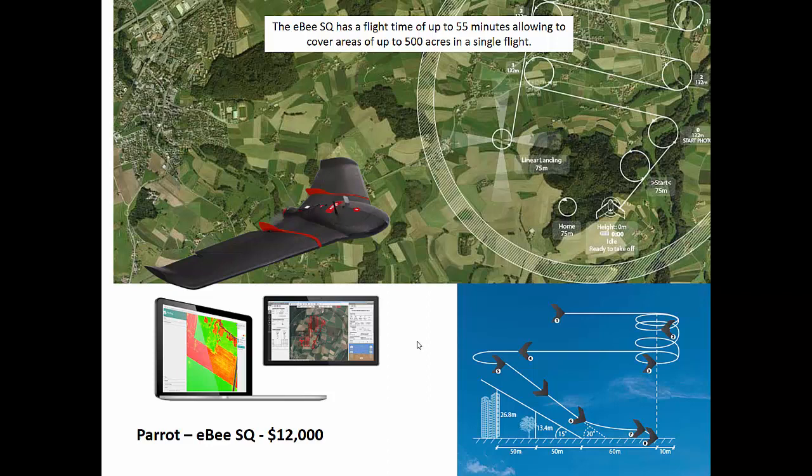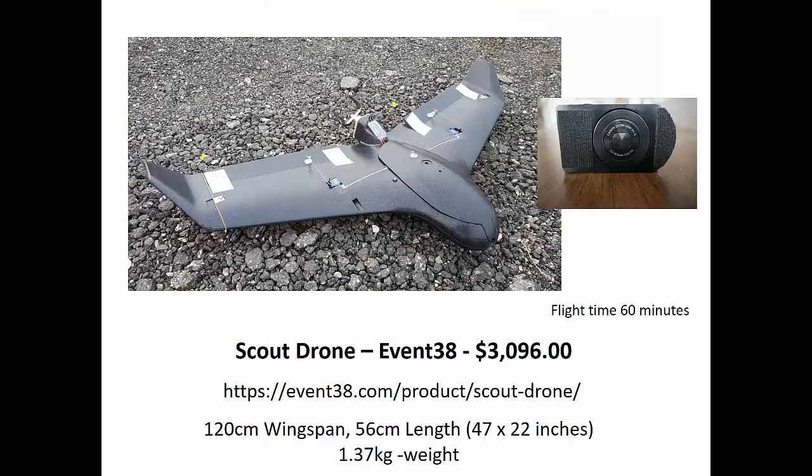You will notice on this one you're going to get close to an hour flight time and cover upwards of 500 acres. Again, that depends on the above ground level that you would be flying.